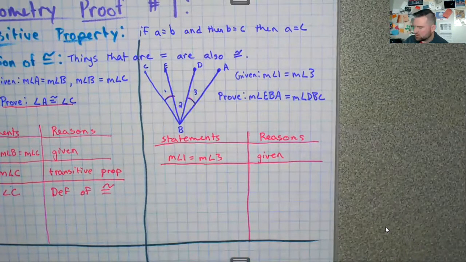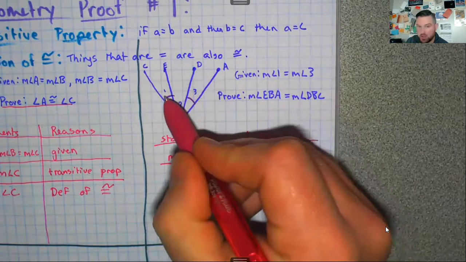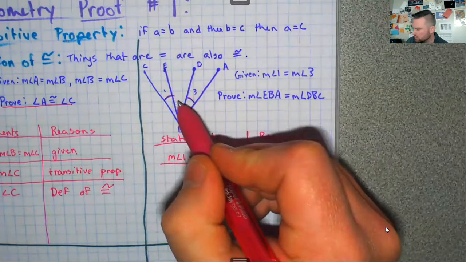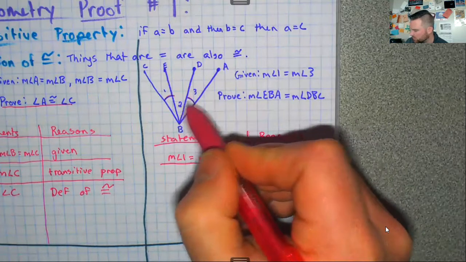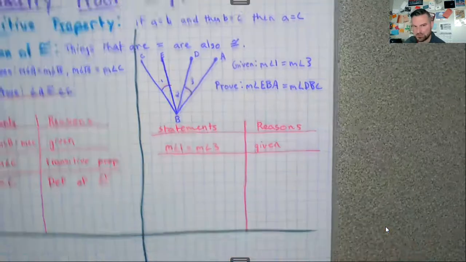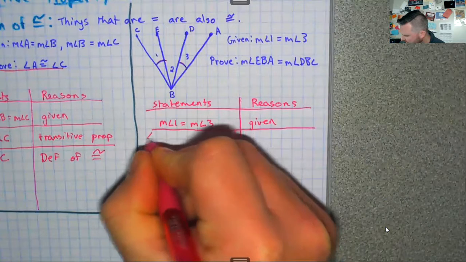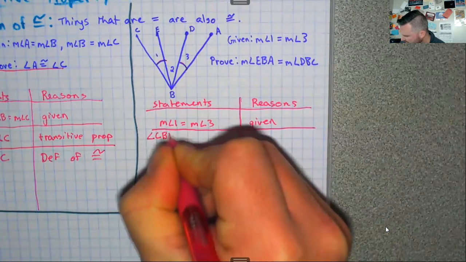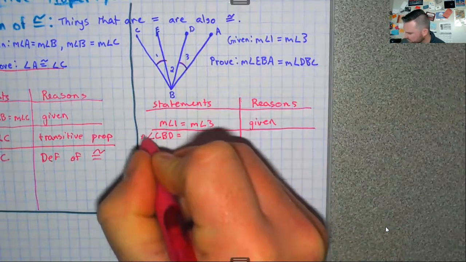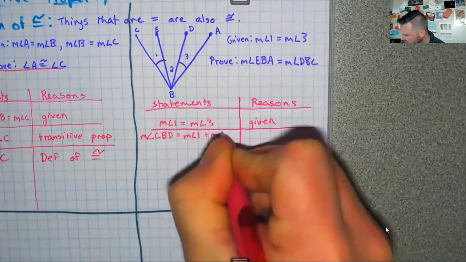So in order to do that, this angle here is made up of angle 1 and angle 2. And this angle here is made up of angle 2 and angle 3. So I'm going to add some angles together. So the measure of angle CBD equals the measure of angle 1 plus the measure of angle 2.